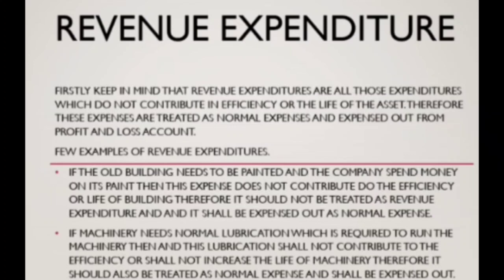Then, if the machinery needs normal lubrication on a daily basis to work normally, it shall be expensed out and not added to the cost of the asset, because it is not contributing to the life or the efficiency of the asset either.